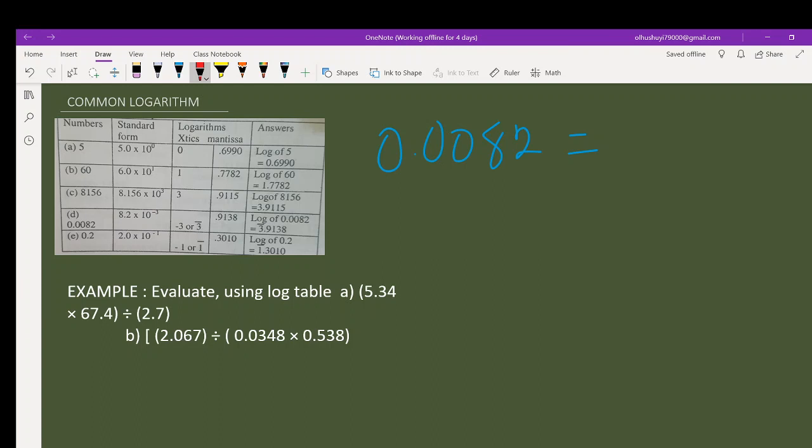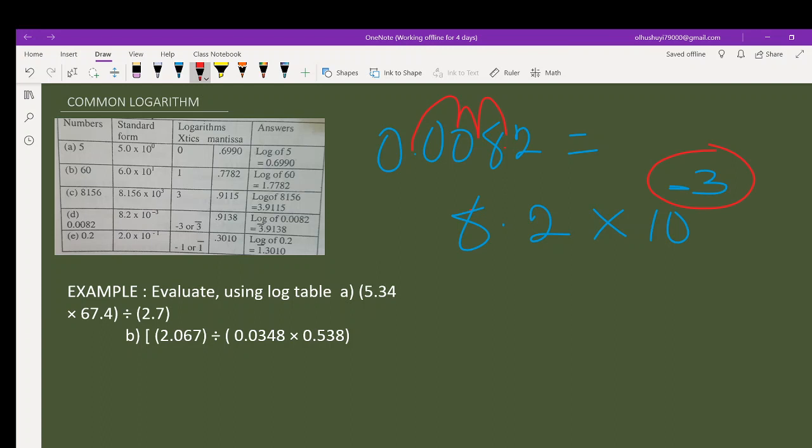All these zeros behind it, they are not significant, so it should be here. Go 1, 2, 3, it should be here. So that means you're going to be writing this as 8.2 times 10 raised to the power what? How do you get back to where you're coming from? You move 3 steps, isn't it? That would be minus 3. So this forms our characteristic. Are you getting it now?